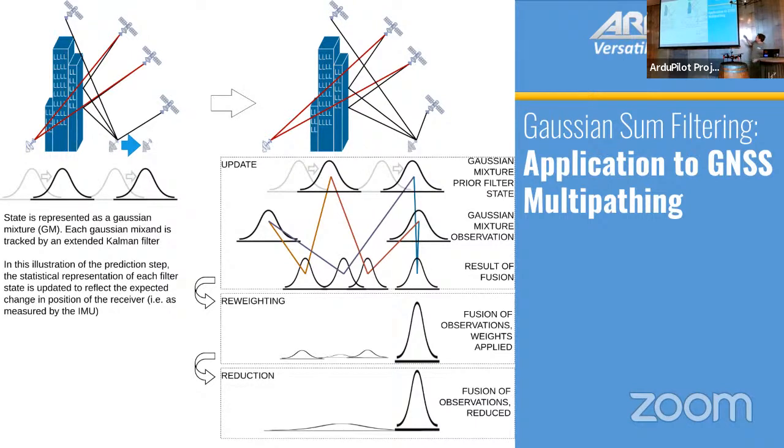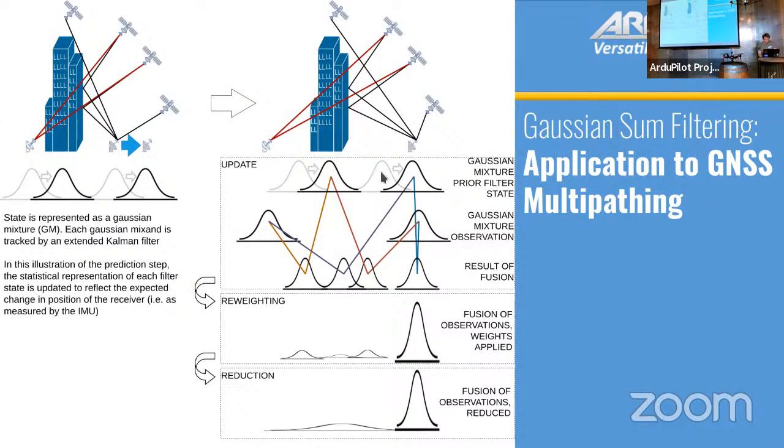And then kind of as you can see here, the filter is predicting that it has moved. Maybe it got IMU data that says I've moved from here to here. All right, so it updates its mixture, and then it fuses this new observation where one of those solutions got more right and one of them got more wrong.